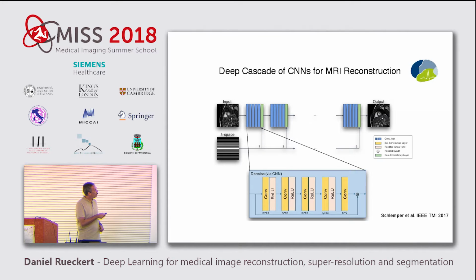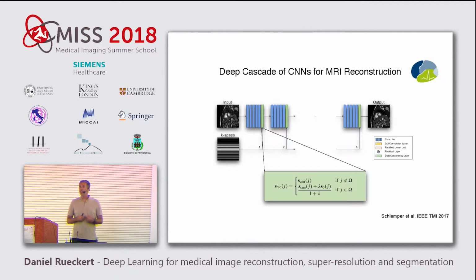However, after you have gone through this bank of denoising, you have no guarantee in principle that your data is still consistent with what you have measured in K-space. So the next layer, these green layers, effectively go back to K-space and make the data consistent with the K-space we have.